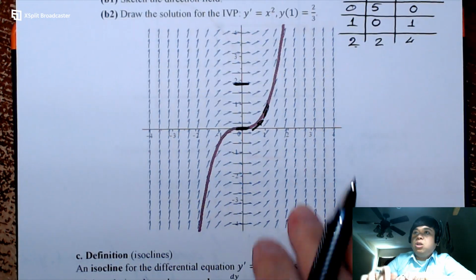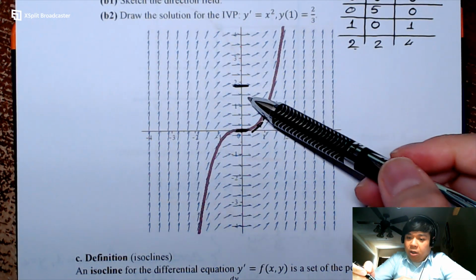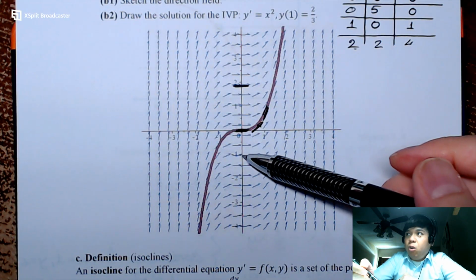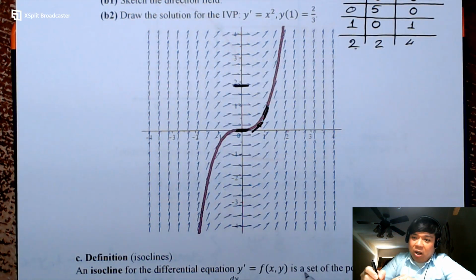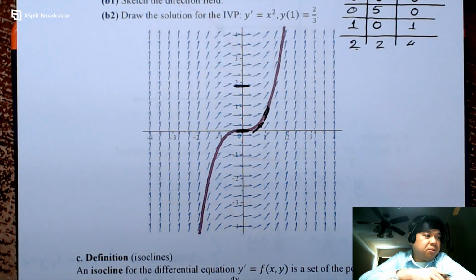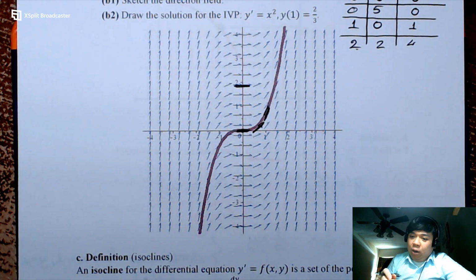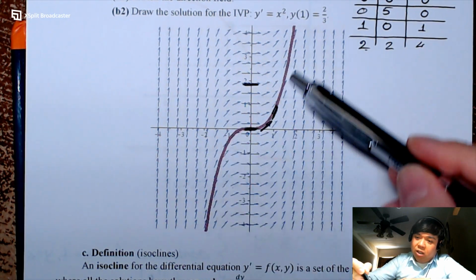I used computer software to draw this. So this is the slope at every point with whole numbers. Of course, you won't be able to do this on the test, as there are too many points to draw. But regardless, we have the field, and with that we have the flow of the solution.